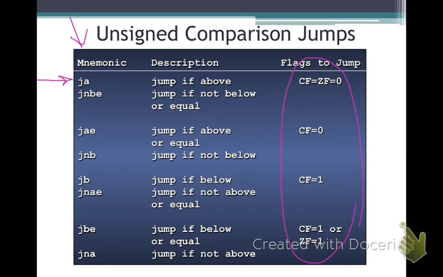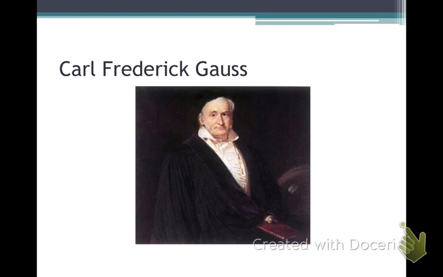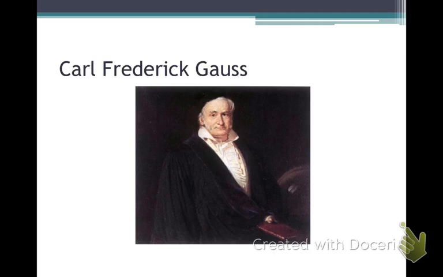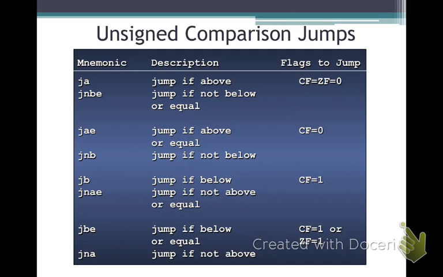And the thing I want you to notice here is, wow, it's either one or some combination of the carry flag and the zero flag. My question here is why no sign flag? Why no overflow flag?